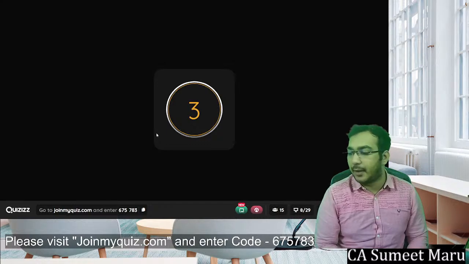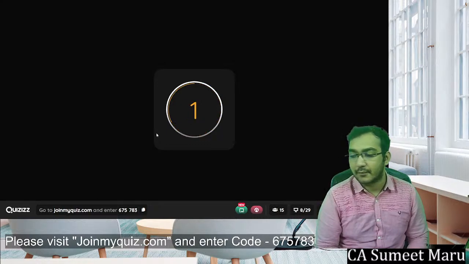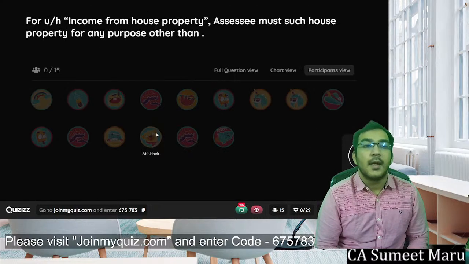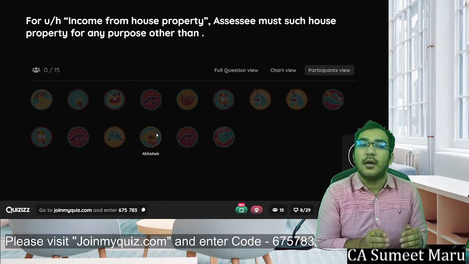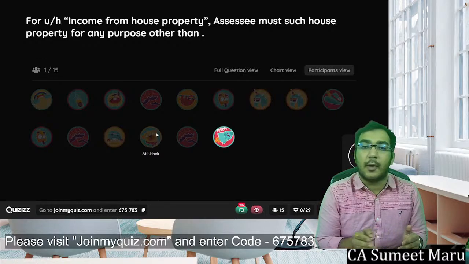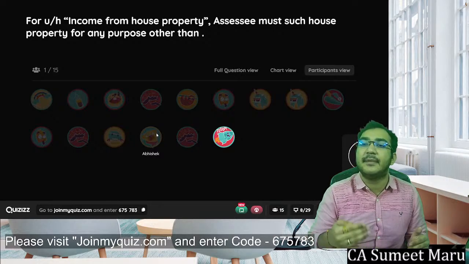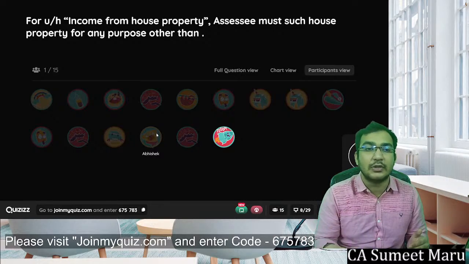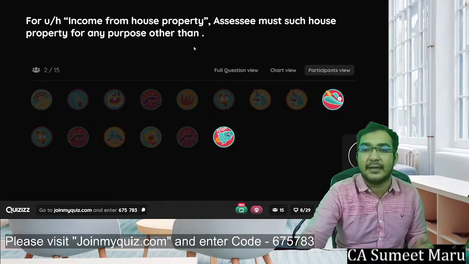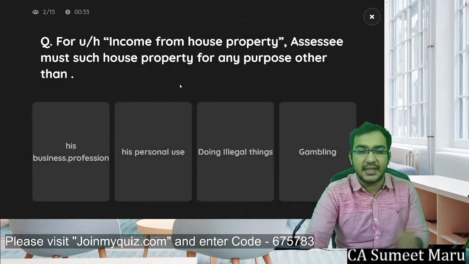Next question. Question number 8. For income from house property, SSC must use house property for any purpose other than. So like there should be a dash dash.